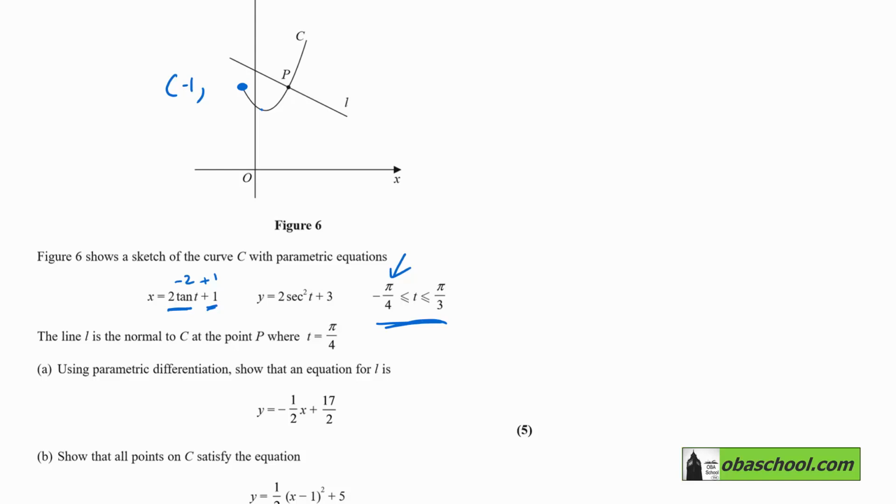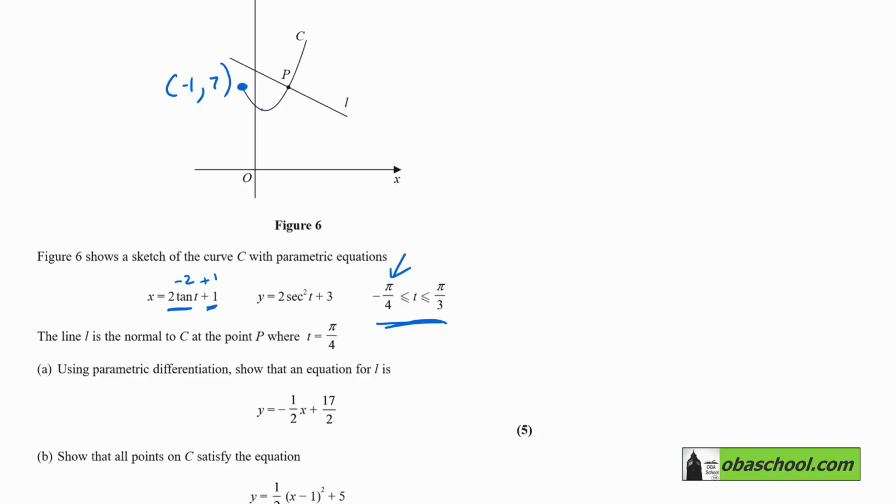For y, we're going to get 2 over cos negative pi by 4 squared plus 3. So cosine of negative pi by 4 is 1 over root 2. Square that, so it's 2 over a half plus 3. So 4 plus 3 is 7. So that's the end point just there.